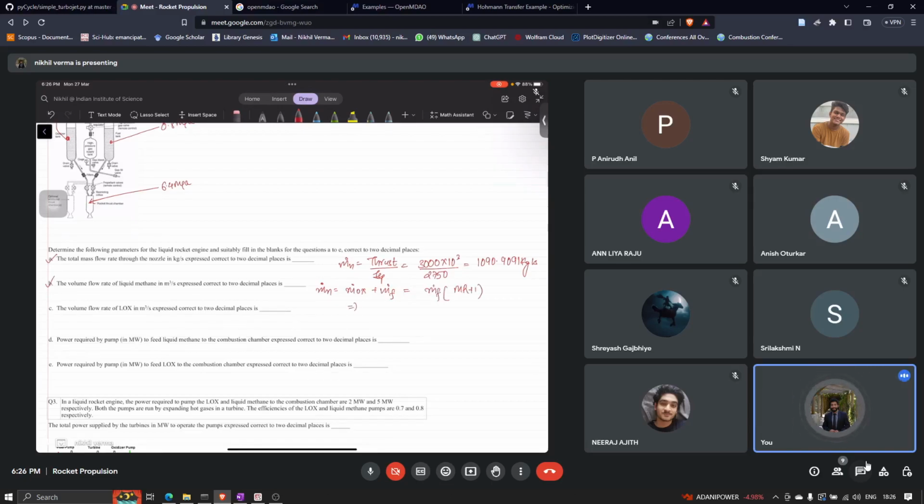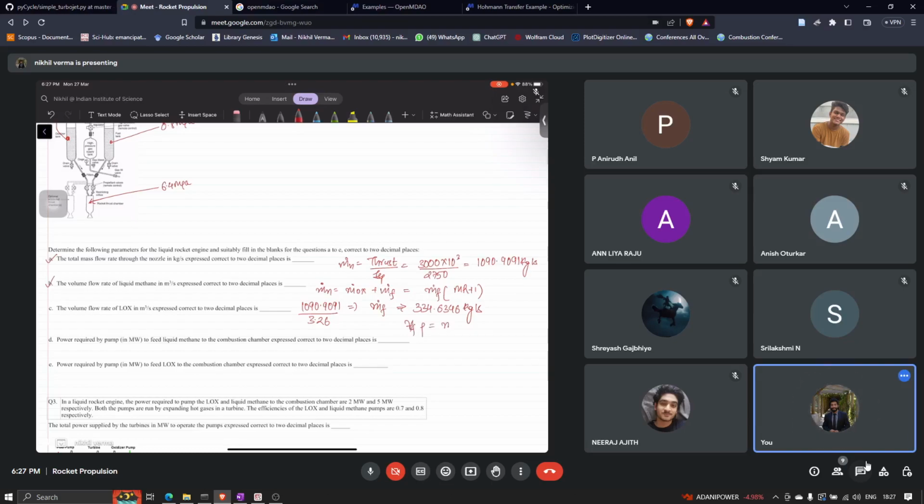If you calculate the mass flow rate of the fuel, the mixture ratio is given as 2.26. There will be a 3.26 factor, and you will get the mass flow rate of the fuel as 334.6346 kgs per second.